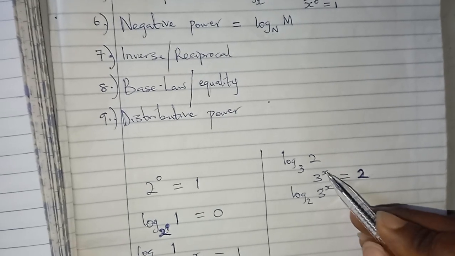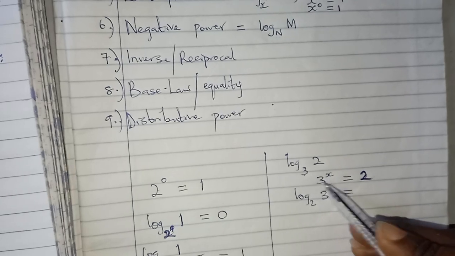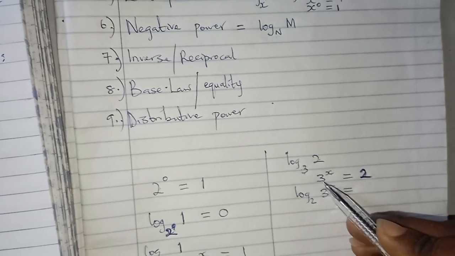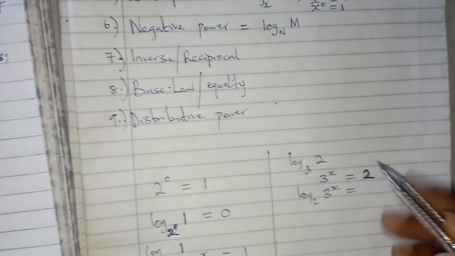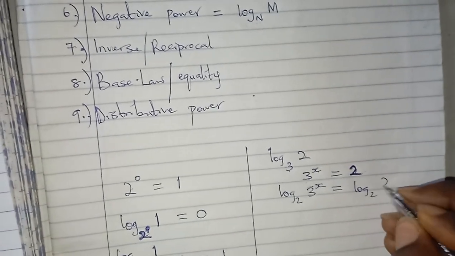So I add log 2 to both sides. Remember that 3 raised to power x is the same thing as saying log 2 to base 3, because the power of the base is the same thing as saying logarithm. So I now say log 2, then 2.